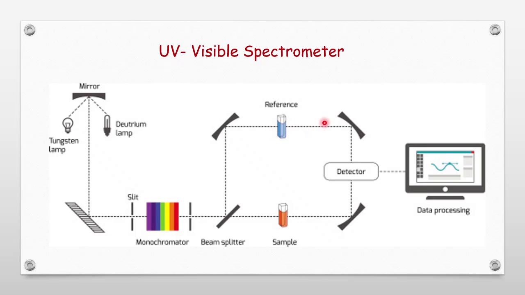And the two beams are electronically compared by a detector. Detector is usually a photodetector, and the intensities of the two beams are compared, and a plot of absorbance versus wavelength is automatically recorded over the desired range by the data processor.